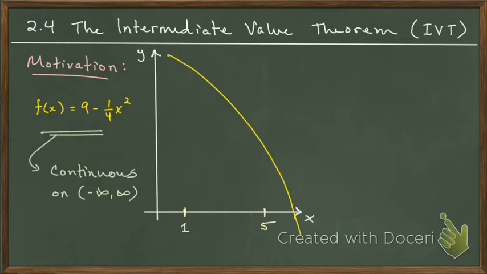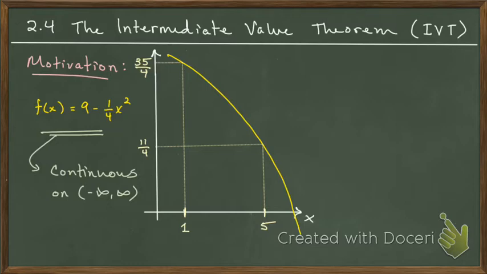What I want to look at here is these two x values and their corresponding function values. If I take 1 and plug that into my function, I'm going to get 35 fourths. And if I plug 5 into my function, I'm going to get 11 fourths. So those are the corresponding y values.